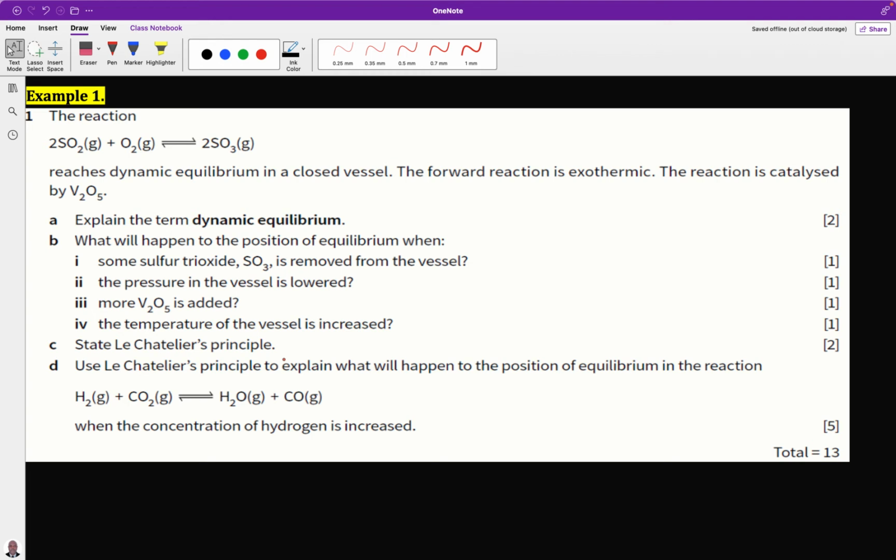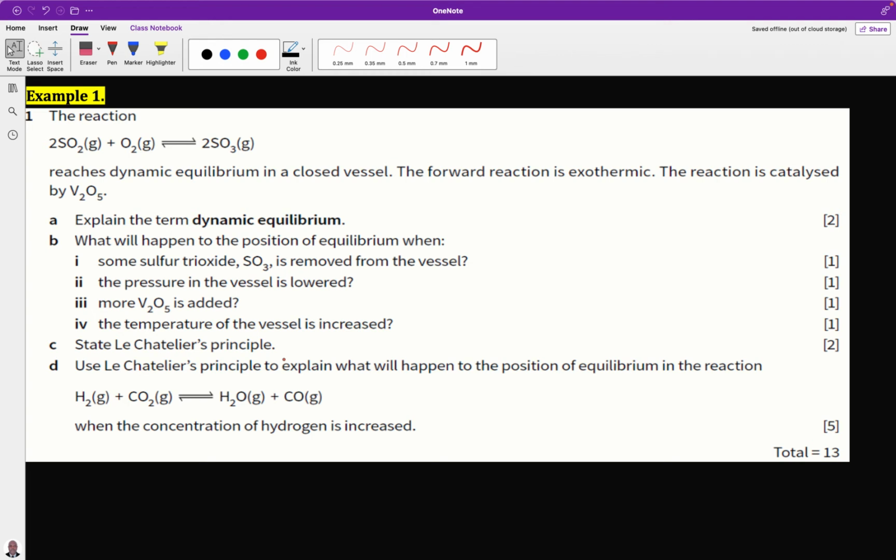Once more, for you to achieve a dynamic equilibrium, it must be in a closed system, as mentioned in the question. Being in a closed system means that no substance is added or removed. No substance is added or lost from the system. And in a closed system, the rate of the forward reaction is equal to the rate of the backward reaction.